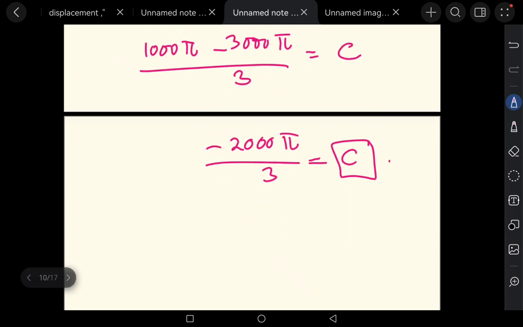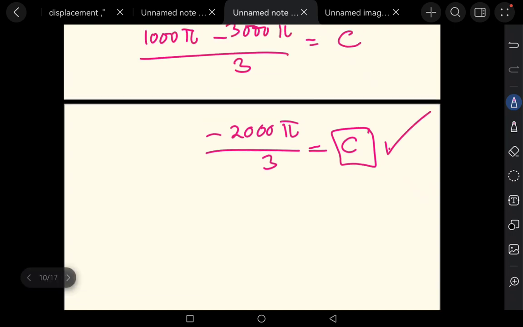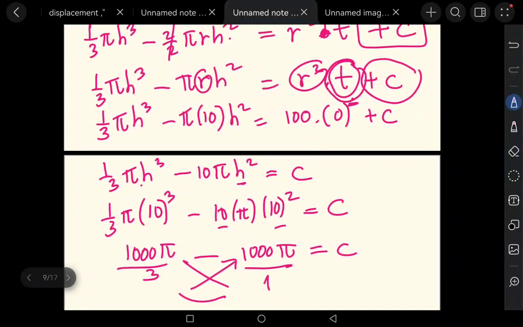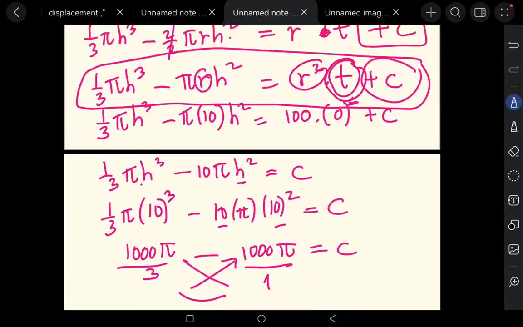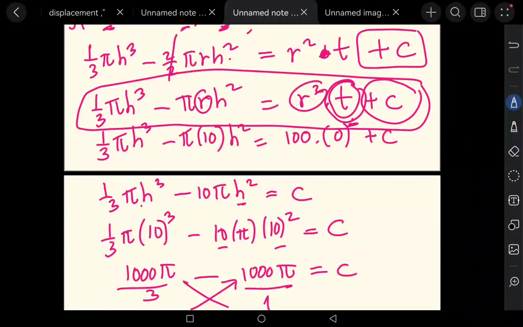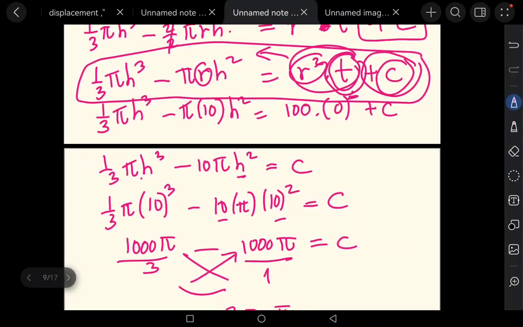Okay, let's go. Now we got the C. And then we go to the question again, come back to insert the C. Okay. So now we put C equals this, move to the left, minus.